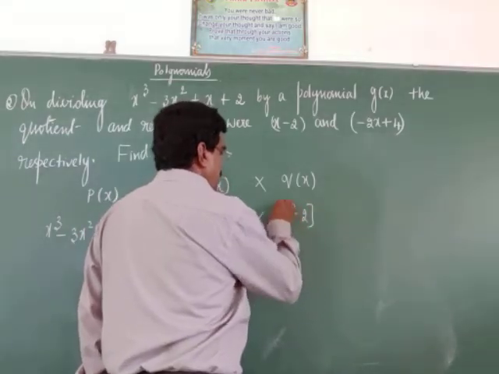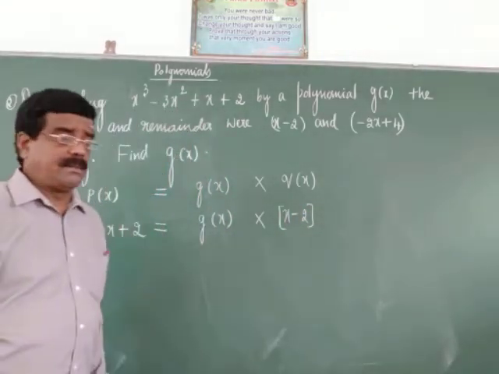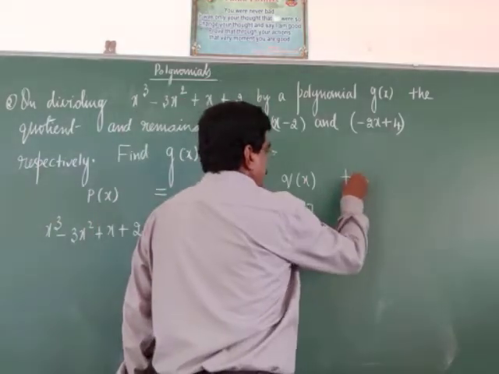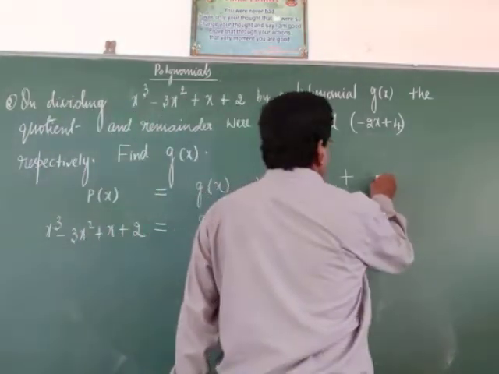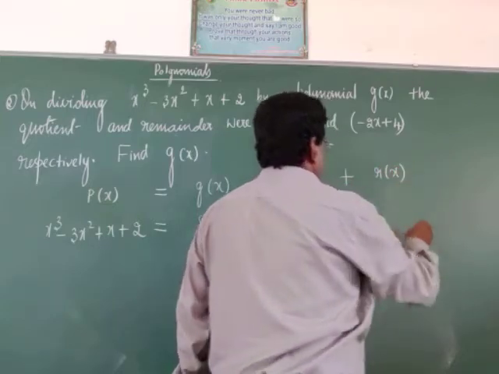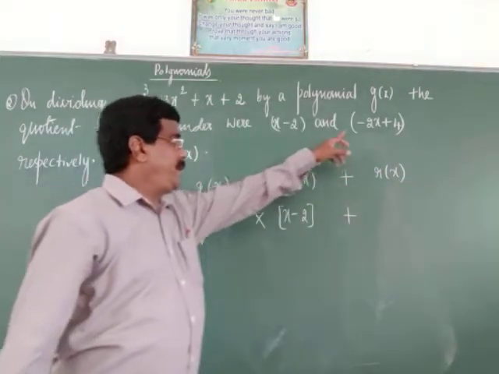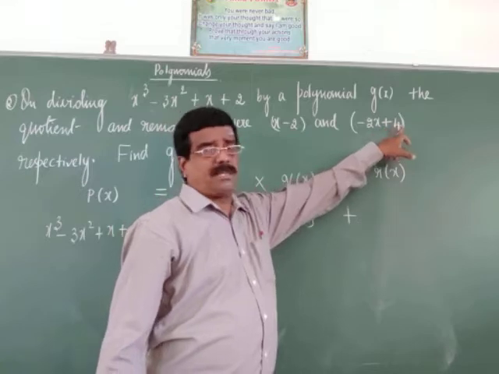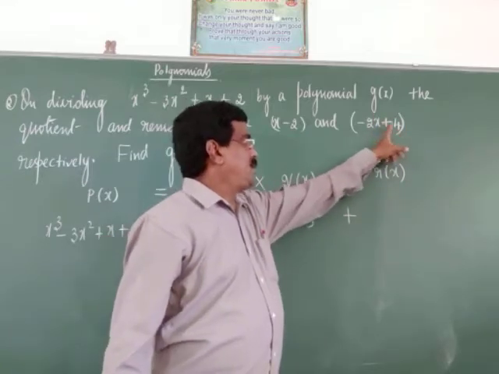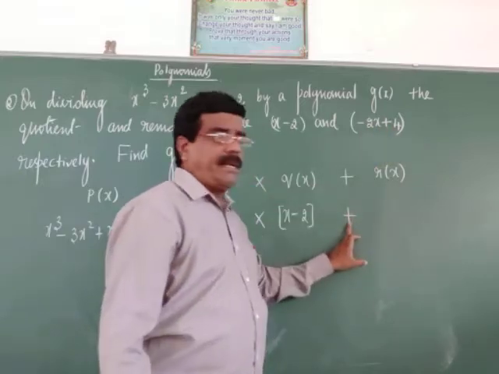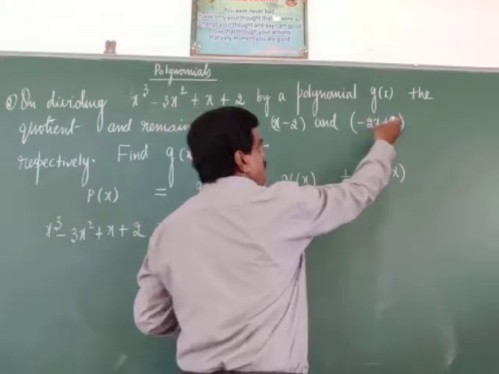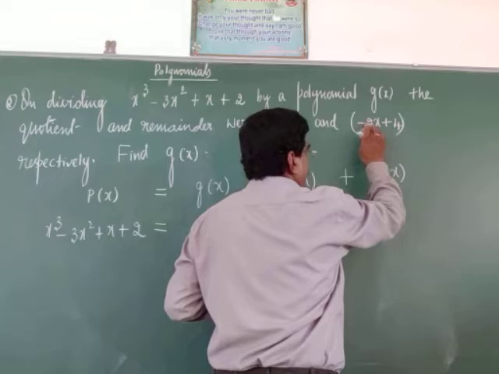Then plus r of x, which means remainder. In our question, the remainder is minus 2x plus 4. You can write plus 4 minus 2x or minus 2x plus 4. Anyhow, I have already written plus, so better write plus 4 first, then minus 2x.